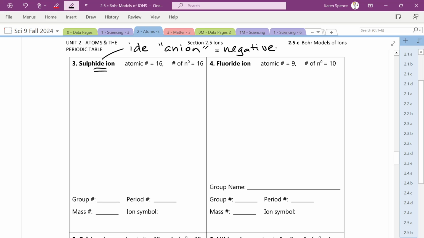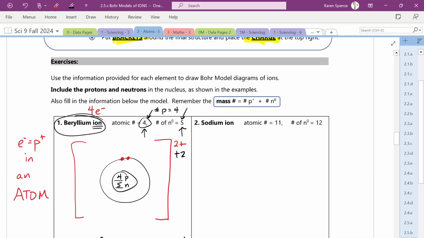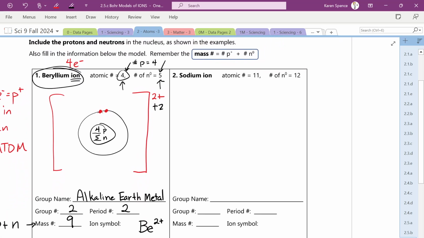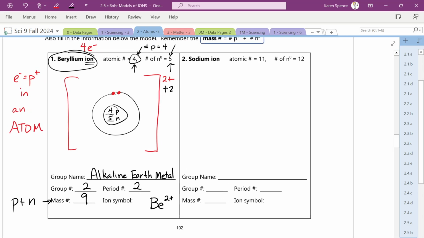And what type of elements form negative ions? Nonmetals. So you'll notice back here on the previous page, beryllium did not change its name. It's not berylide. Sodium is not sodide. Okay? Metals keep their name.